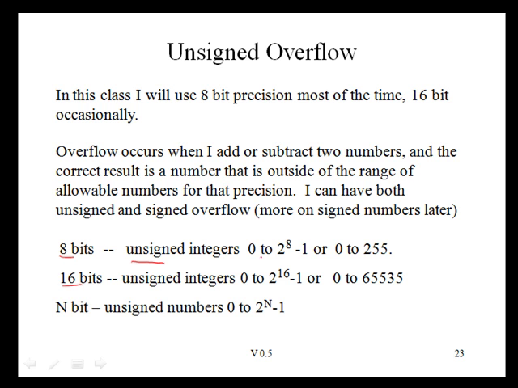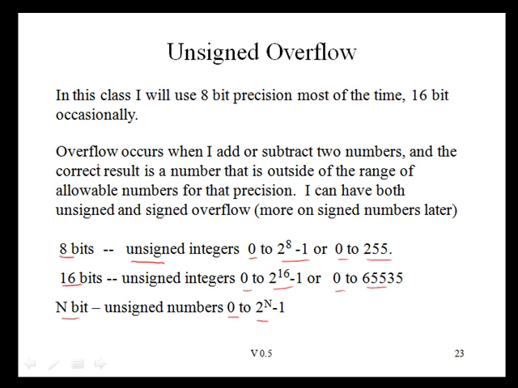For 8 bits, the range of unsigned integers ranges from 0 to 2 to the 8th minus 1, or 0 to 255. For 16 bits, it's 0 to 2 to the 16th minus 1, or 0 to 65,535. In general, for an n-bit number, an unsigned number can range from 0 to 2 to the n minus 1.